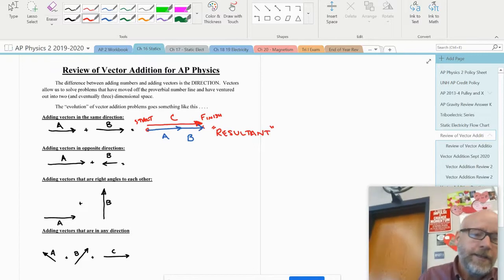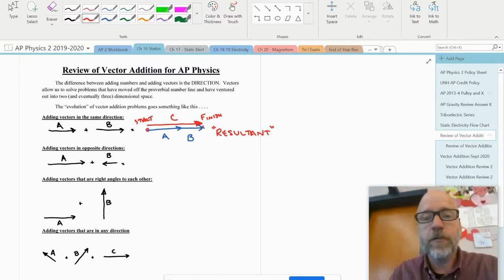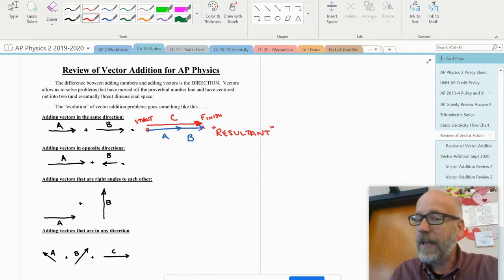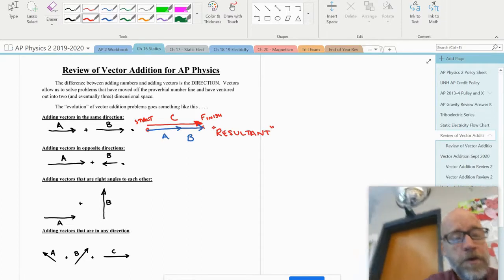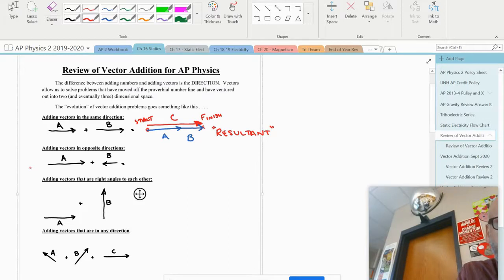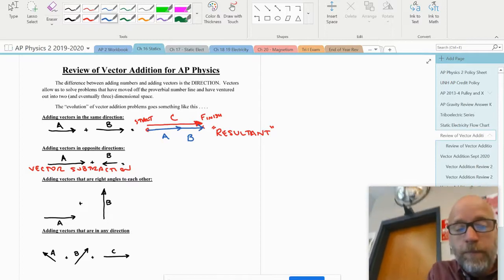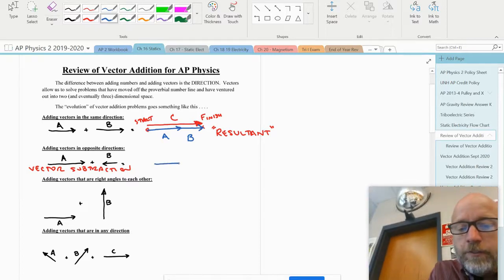Moving on. Now, adding vectors that are in opposite directions. Honestly, this is just like adding, say, a negative number. Or we could even call it vector subtraction. Because that's really what we're doing, vector subtraction. Now, if we go to our tip to tail method, we're going to have vector A. I'm going to try to draw that the same length as in the problem.